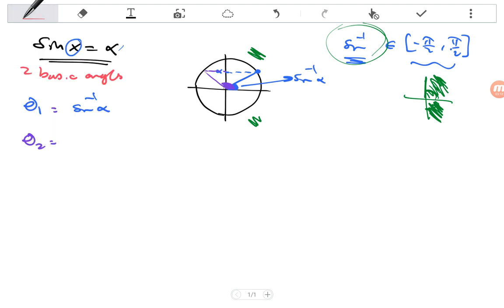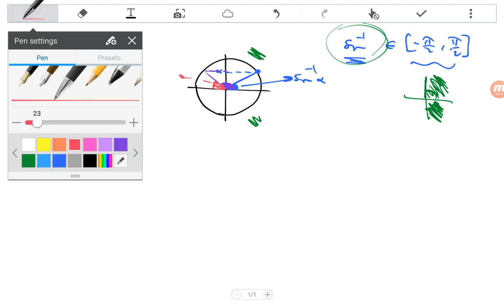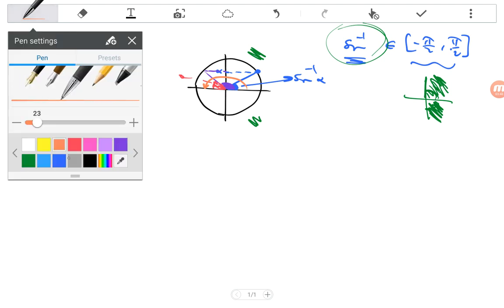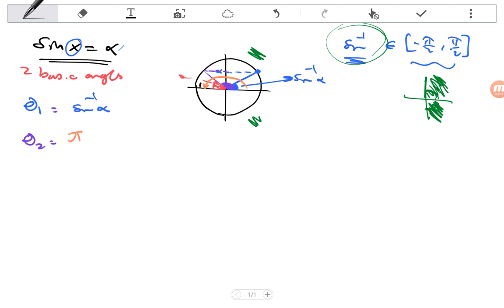We just notice here that, from symmetry, we find another angle. That red angle is just the blue angle in value, but in another direction. Then adding the purple angle with the red angle will give me pi, or you can see that the purple angle is just pi, then going in the opposite direction.